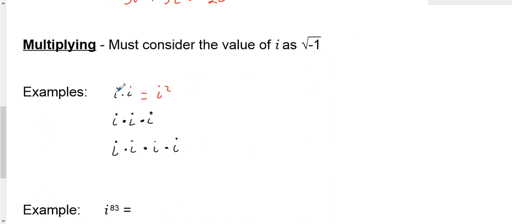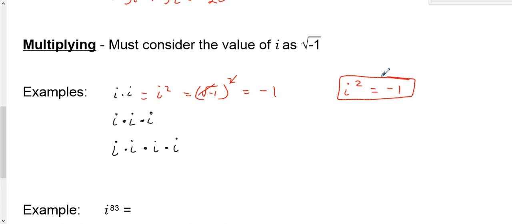So if I think about i times i being i squared, and I convert that i to be the square root of negative 1, here you will see that the exponent will cancel out the radical, and I will be left with just the value of negative 1. So therefore, I know that i squared is the same thing as negative 1.